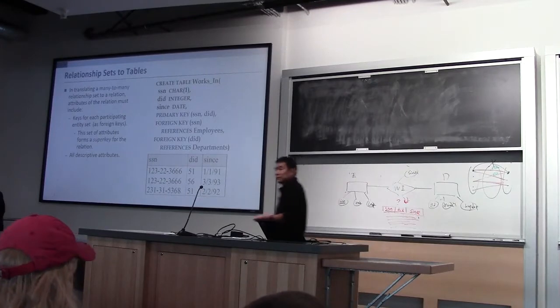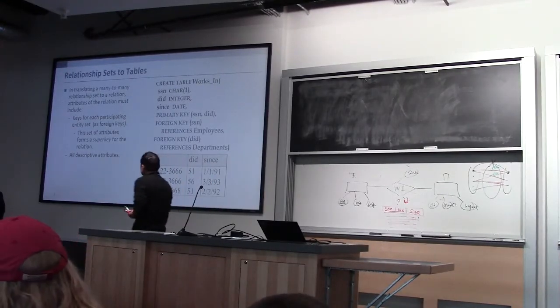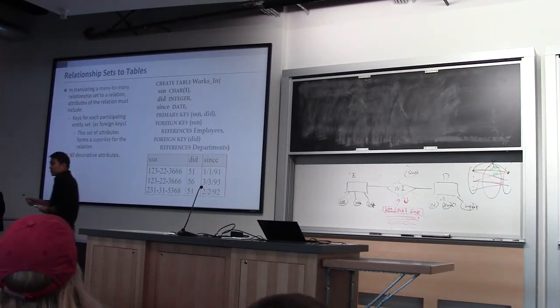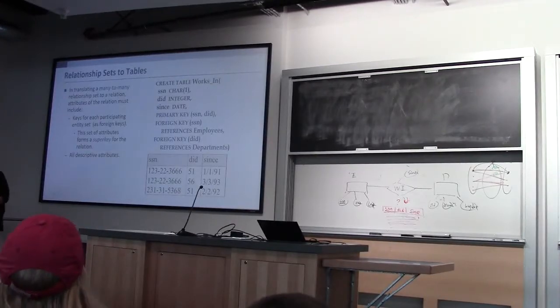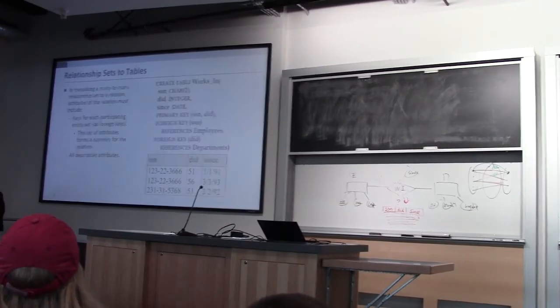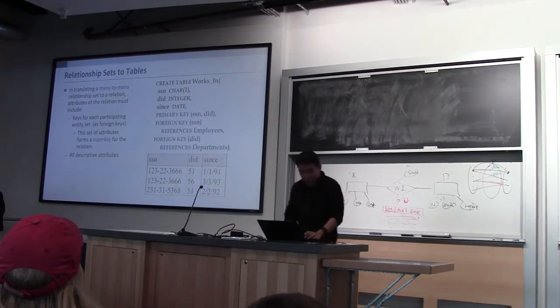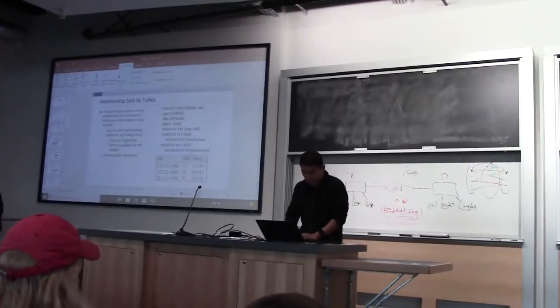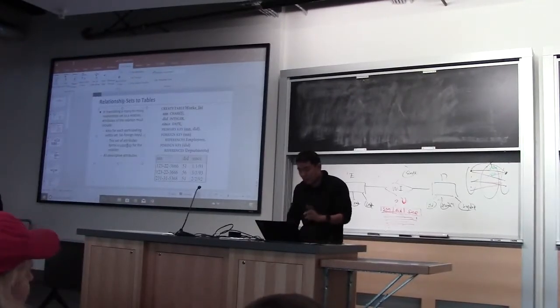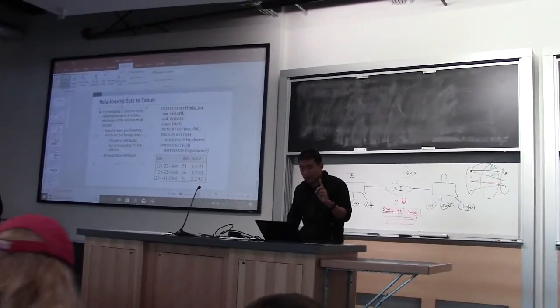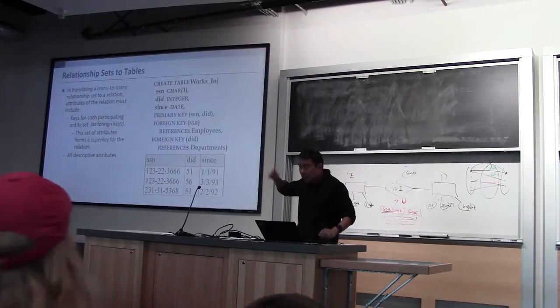Question over there? Sorry, so on the slide it says the set of attributes, like SSN, DID, form a super key, but in this instance, it would be the key. Yes, I should have simply said that. There's some truth to this. I will come to this one later on, because obviously it's a super key.